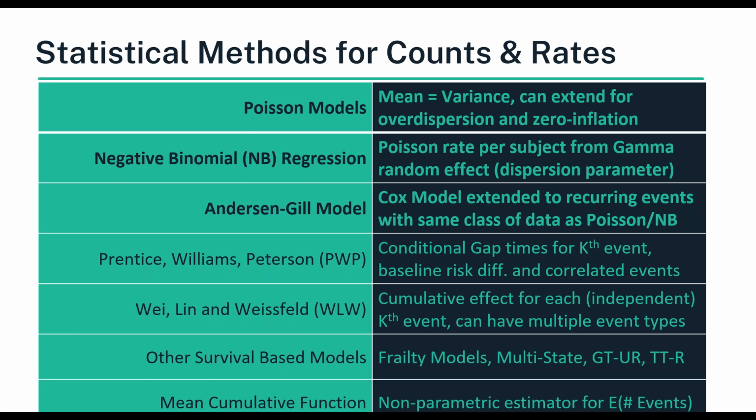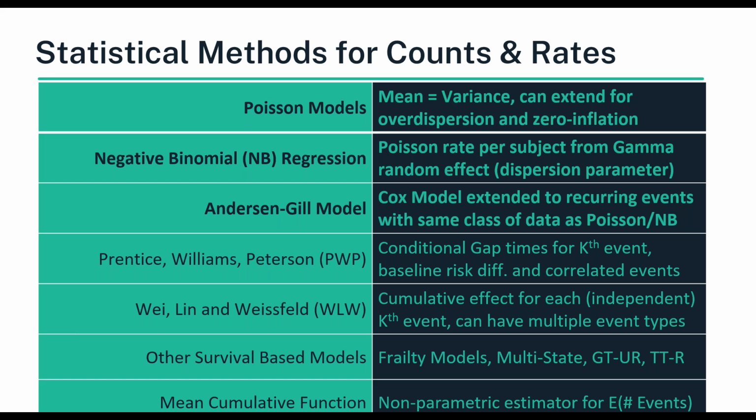So the PWP method is attractive because it allows each event to have its own underlying baseline risk. So the chances of the first event can differ to the chances of the second event, and so on and so forth. And there can be dependence between events. So once you've had the first event, that can affect how likely you are to have the second event.